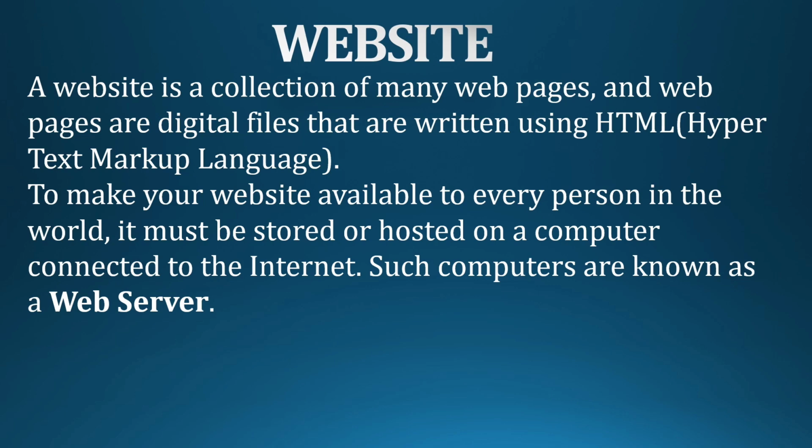Means if you are browsing flipkart.com, each and every page contains some kind of products. The web pages are linked to one another to form a global web of information. You can move from one page to another on the website. To make your website available to every person in the world, it must be stored and hosted on a computer. I told you earlier, they are web servers.